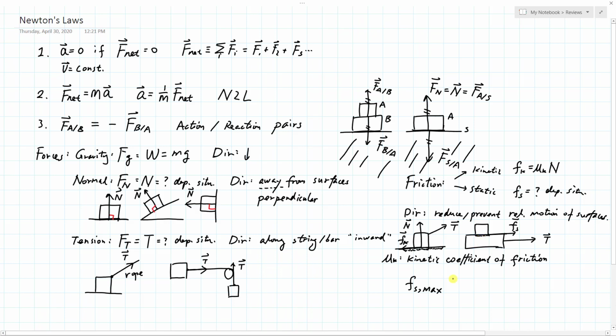So this is the maximum amount: mu static times normal force. This mu static is the static coefficient of friction. And normally there's a relationship: mu static is greater than mu kinetic.